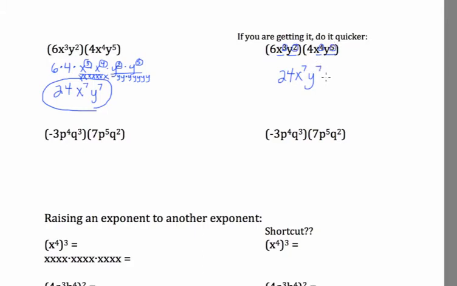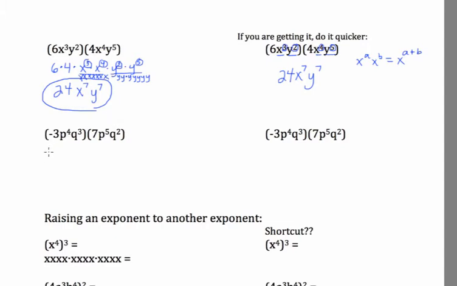So that's y to the 7th. That's called a law of exponents. If you have 2 like bases that are multiplied, you can combine them and just add the exponents. It's one of the laws of exponents, a shortcut to what we've been talking about.